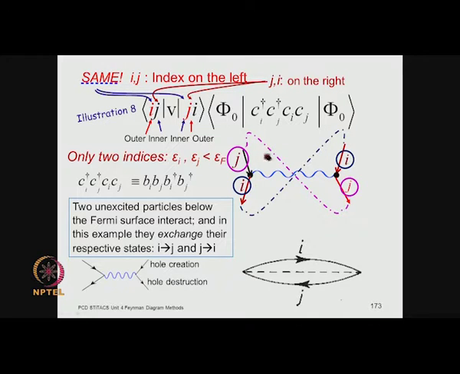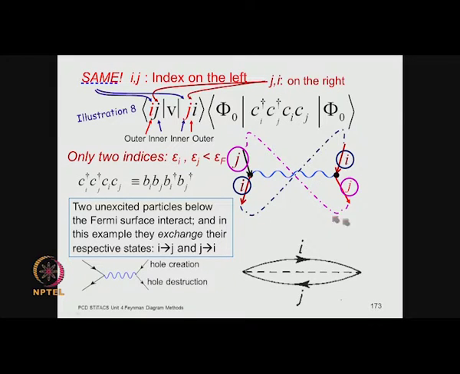So, now you draw this with these two lobes, but just the way we had twisted them in the earlier case, because what is important is that you are indicating that the same hole state is created as is destroyed, but this is happening at two different vertices, and we agreed to show this by an arrow going from left to right or right to left, and it does not matter whether you draw it above the line or below the line.